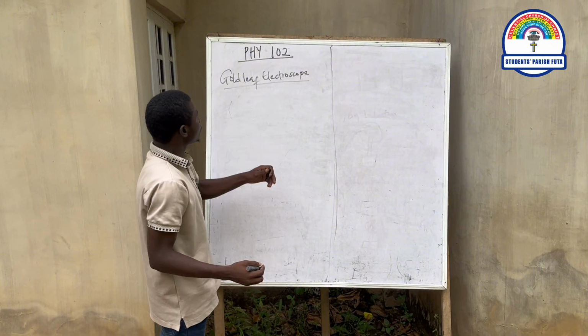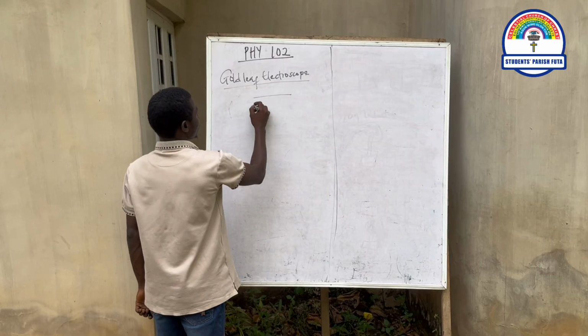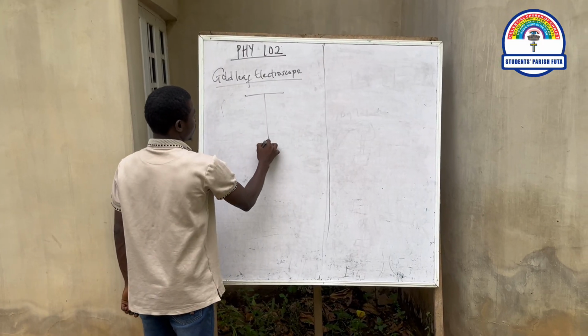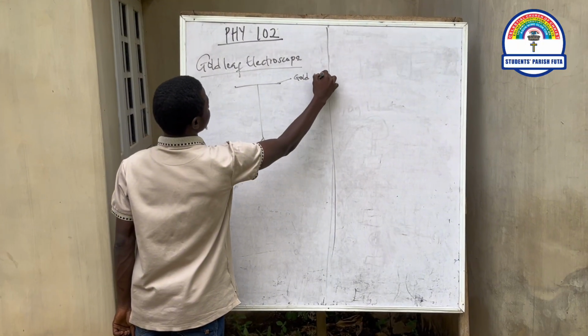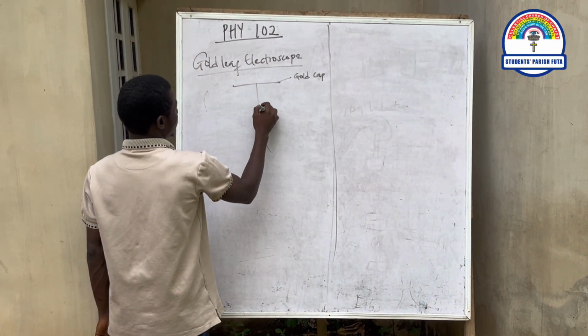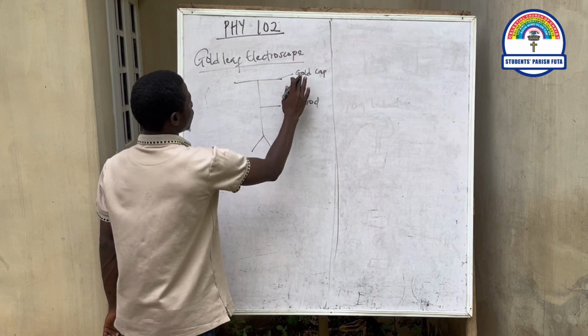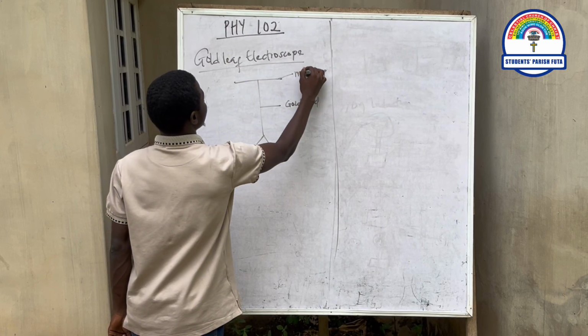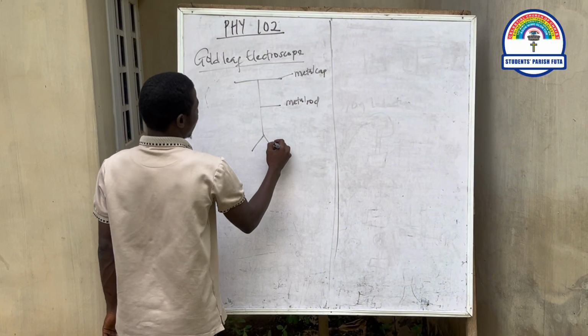Now the parts of the gold leaf electroscope is basically, you have the gold cap. Sorry, you have the metal cap. You have the metal rod. You have the gold leaf.